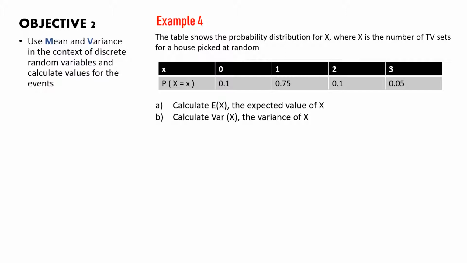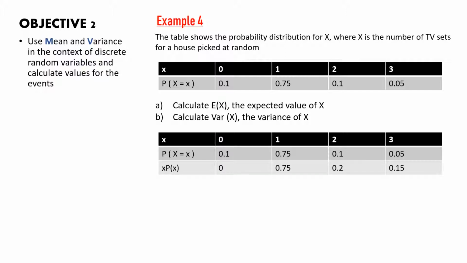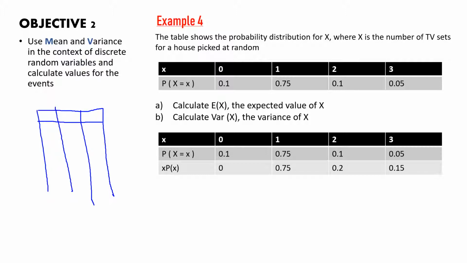Now, if you think back to working out the mean from a table, you know that we had an x column, we had an f column, and to be able to work out the mean, you take the f column and the x column, multiply them together to get fx. And then we do the sum of this one divided by the sum of this one.